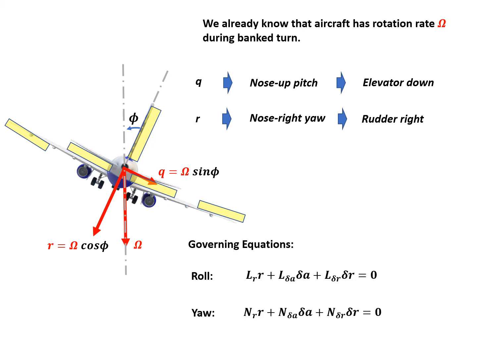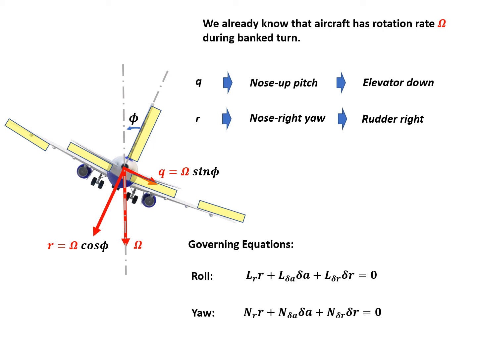Now we can write down the governing equation. Since it's a steady bank turn, for the rolling moment equation, we have L_R times R, L_delta_A times delta A, and L_delta_R times delta R. So there are three contributions. One contribution is from the yawing rate, the second is from the aileron deflection, and the third is from the rudder deflection.